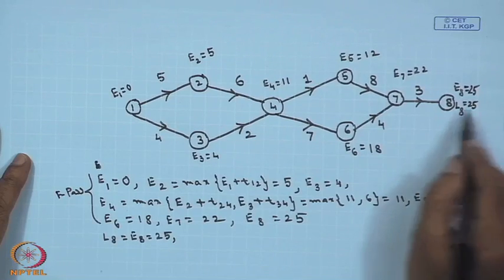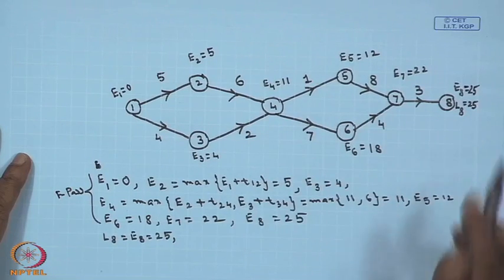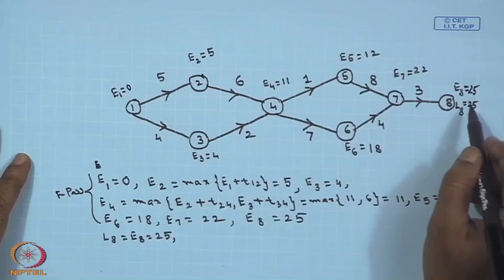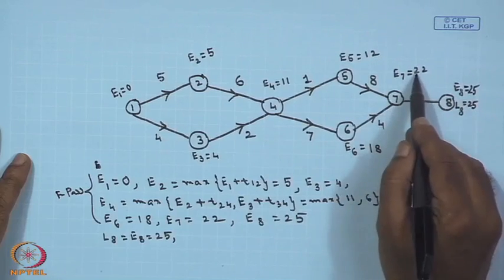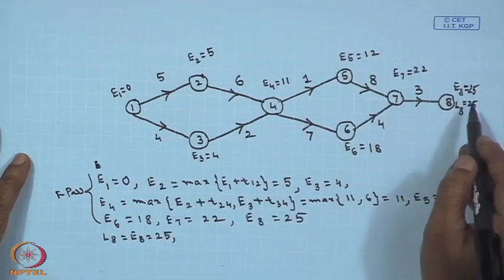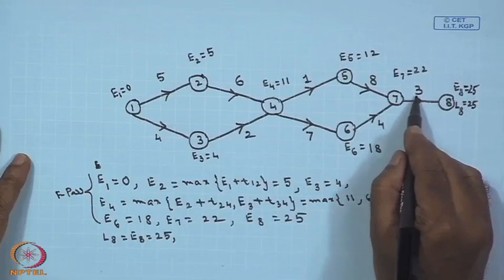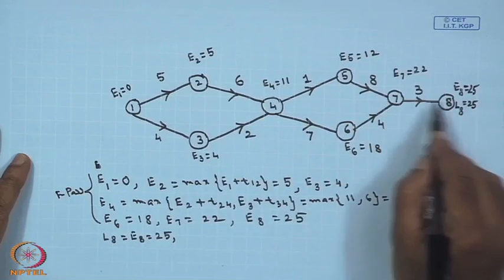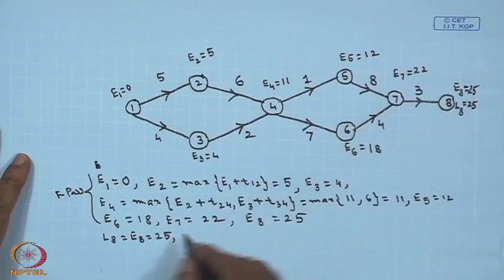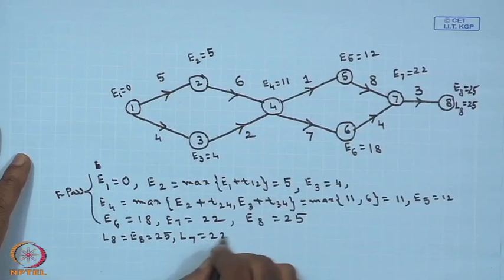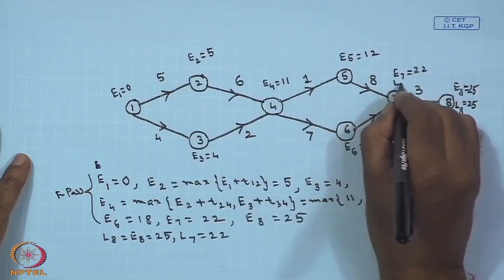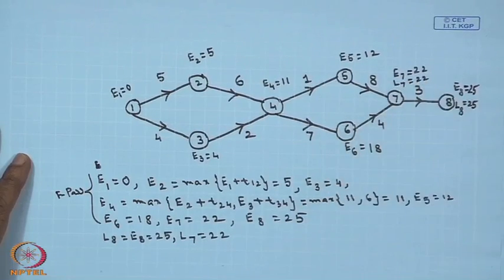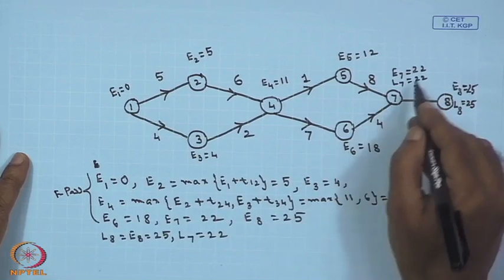L7 will be equal to E7 minus L8 minus this length, that is 25 minus 3. So, it will be 22, L7 this will be 22. So, E7 and L7 is becoming 22 now.